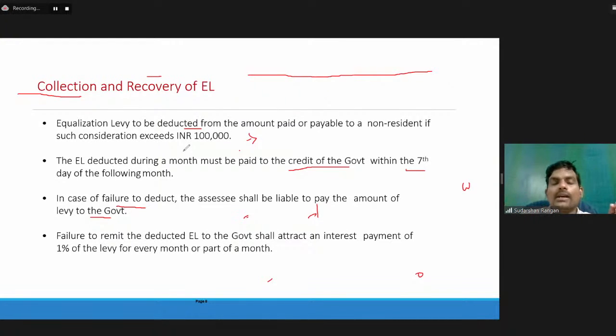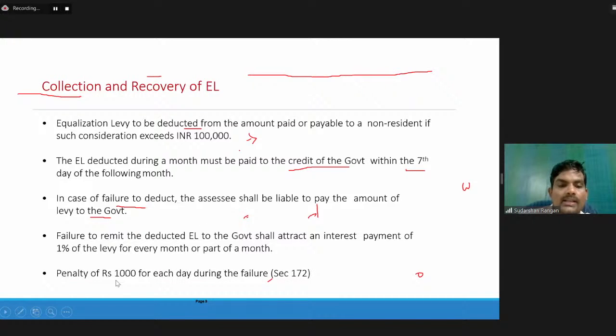If you don't remit it, penalty is 1000 rupees per day. So these provisions are available; please have a look at them. You are basically ensuring that the Indian service recipient properly complies with equalization levy: penalty of 1000 rupees for each day, and penalty for failure to furnish the equalization levy statement, which is akin to your TDS returns.